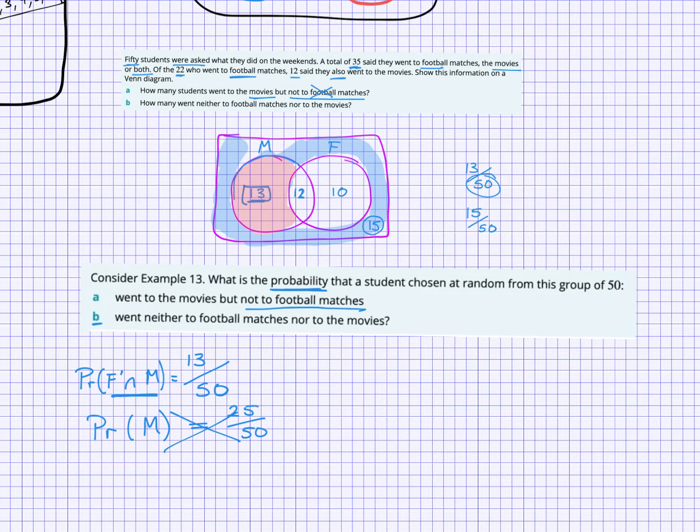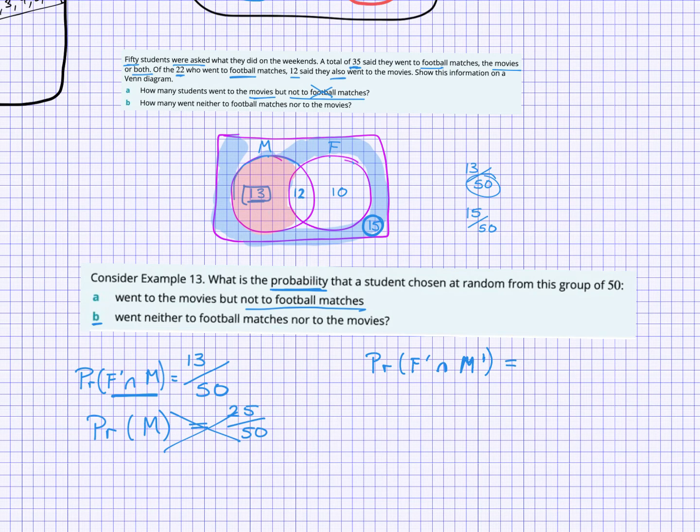Question B, what is the chance that a student chosen at random went neither to football nor to the movies? This one's a little bit easier because it's these 15 people sitting out here. So we can say that this is the chance of PR not F intersecting with not M. All right, now because there are two events inside this Venn diagram, we have to use the intersection to show that it's the people who are not in either of the circles.